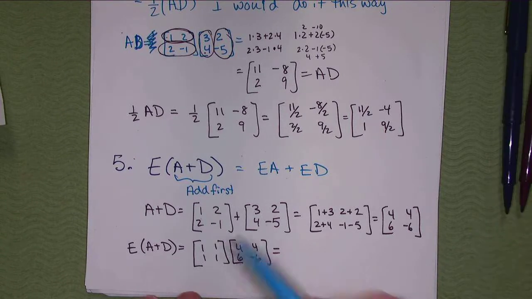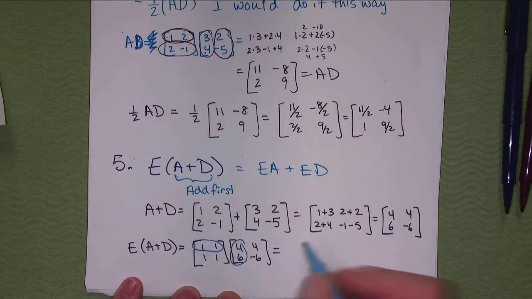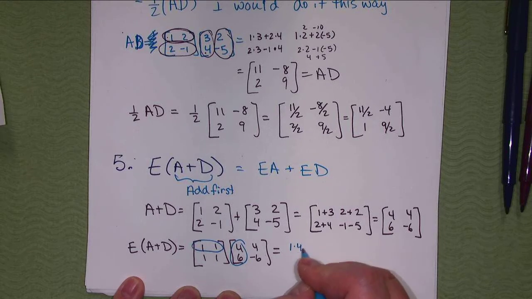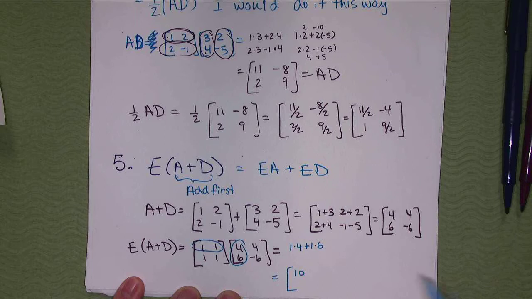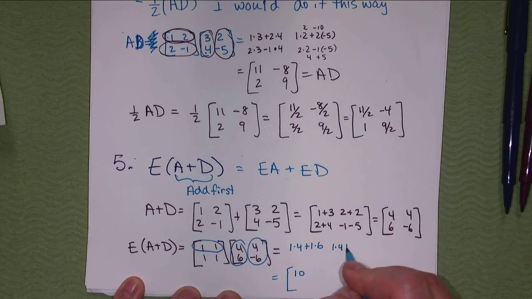So 1 times 4 plus 1 times 6, 10. 1 times 4 plus 1 times minus 6 is minus 2. Second row, same thing as the first one.